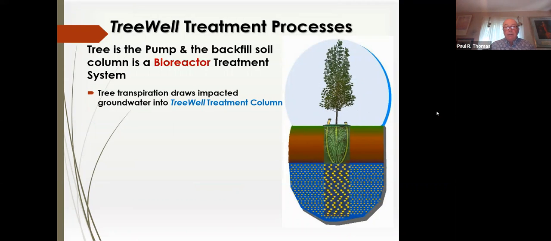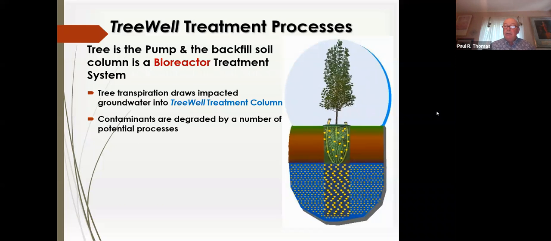So basically, the TreeWell unit process is a large diameter hole that is backfilled with soil. The tree acts as a pump to move that contaminated water up through both the saturated soil column, that's part of that large diameter hole, where we can have anaerobic degradation processes, and the unsaturated portion of that hole, where we have more aerobic degradation processes.